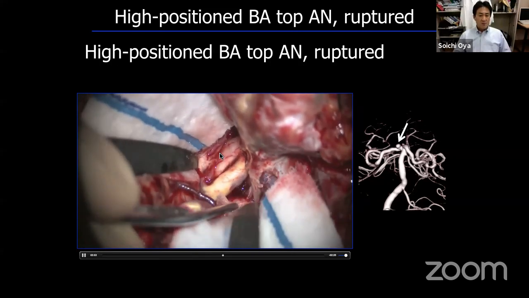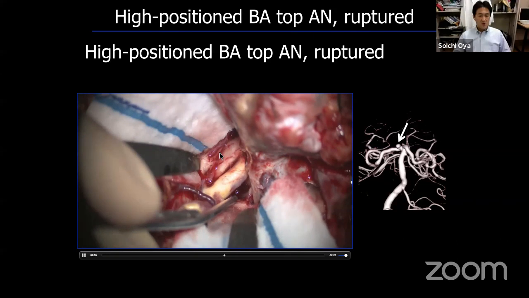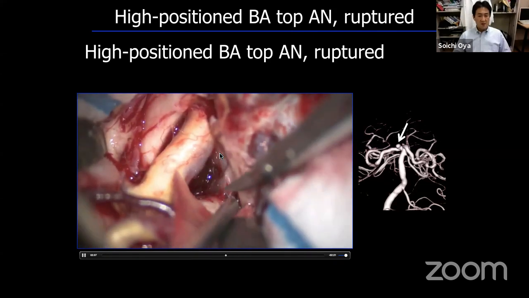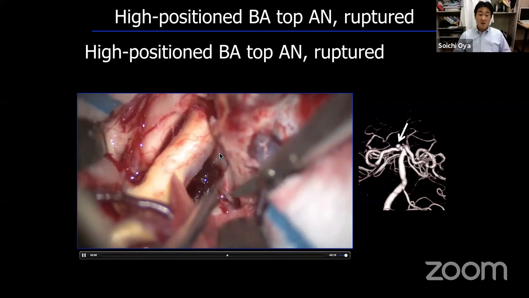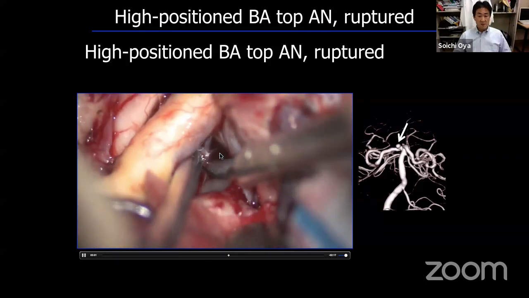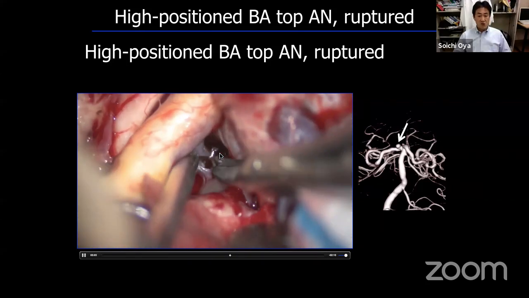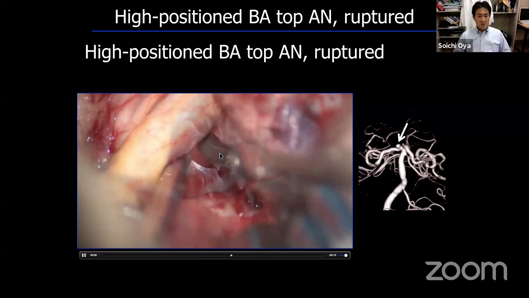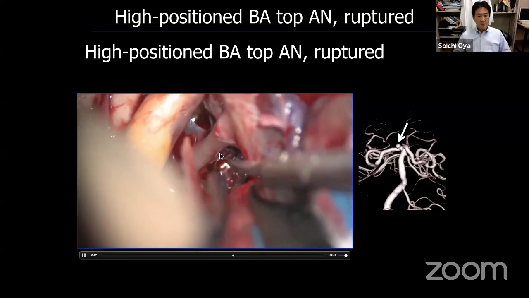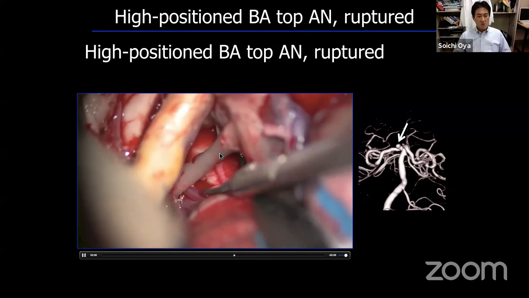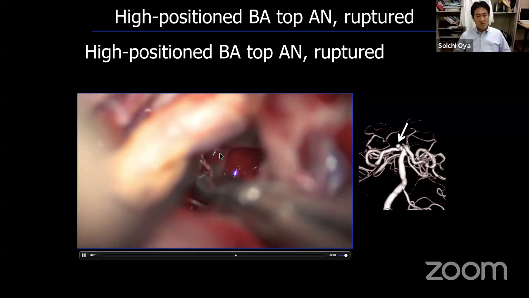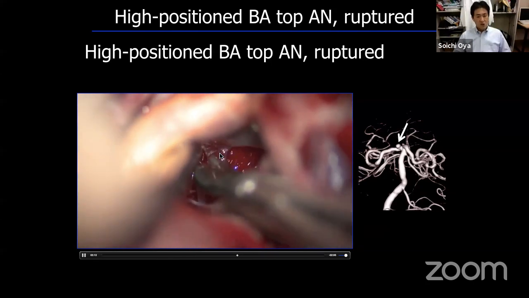But now, I'm starting to retract the temporal lobe posteriorly. And the next step is cutting the thick arachnoid membrane covering the oculomotor nerve. By doing this, you can untether the temporal lobe, and also you can free the oculomotor nerve.